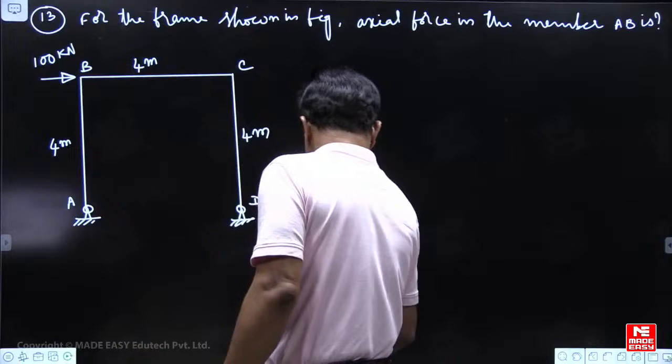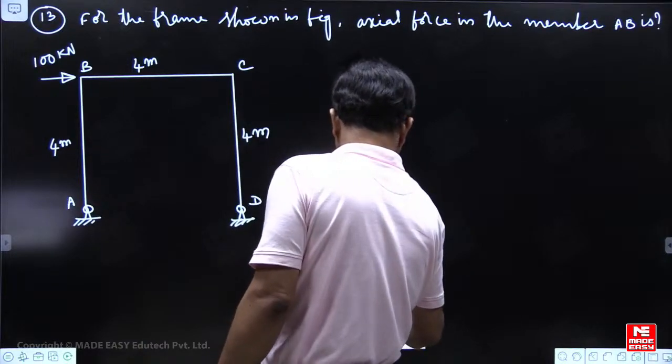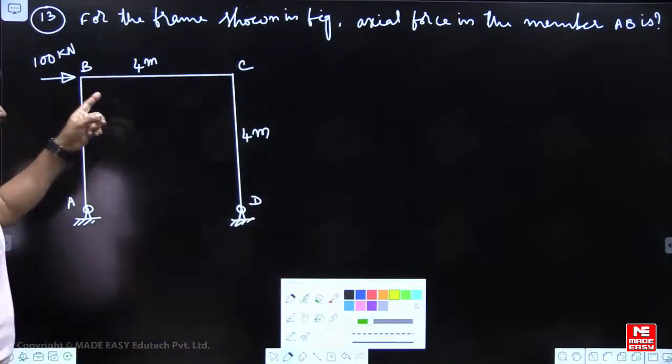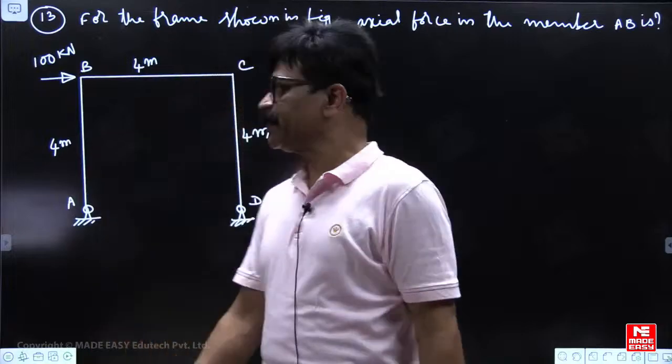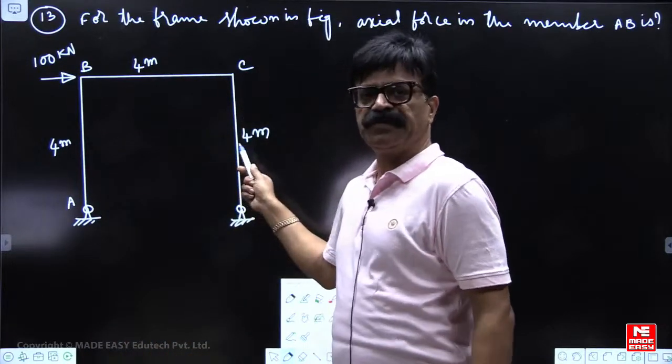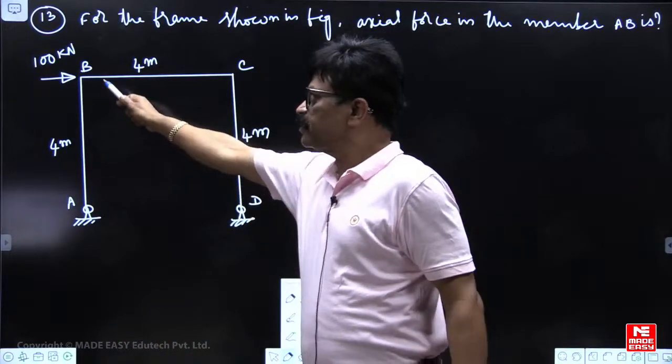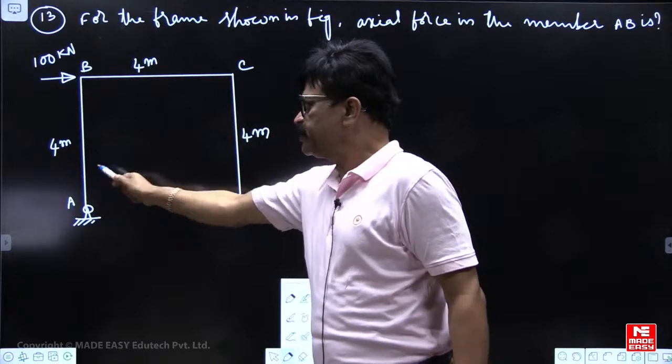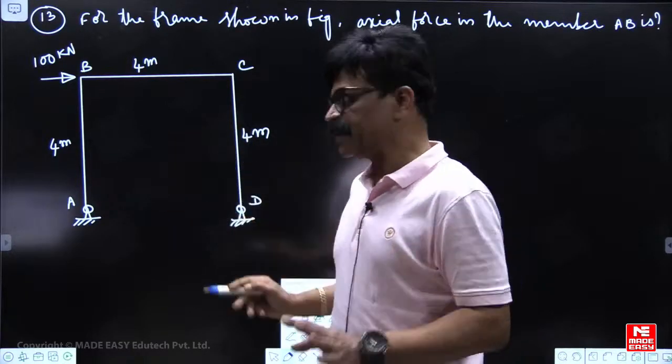Now you see, good. Now we'll solve the problem completely. Since they didn't give you the I values, your applied 100 kilonewton is shared by the two columns equally.